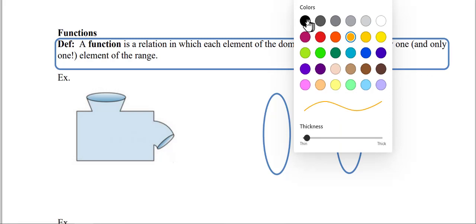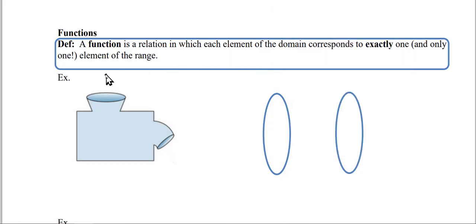I have some pictures here because I want you to think of a function almost like a box. You have an input into it. That's what the domain values are. They're inputs in here, and then you get something out of it. And this function box does something to that number that you input, and then it spits something else out.